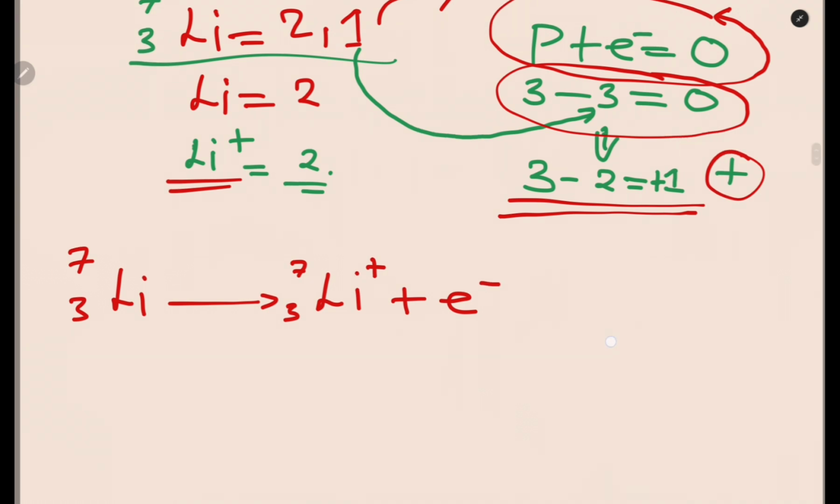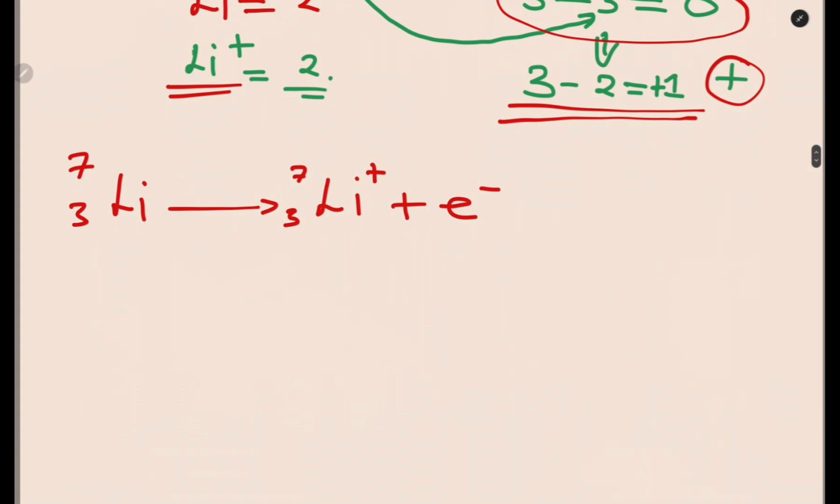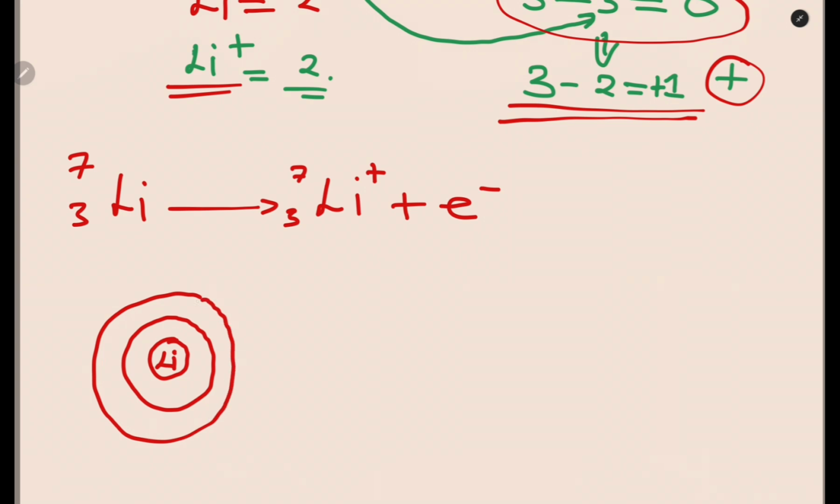So this is how we can present it. Now, in terms of structures, we can write the structure of lithium, the normal one. How many shells? We know that it is 2 shells. 2 shells for lithium. Then now, let me just put electrons here. So 2 electrons.